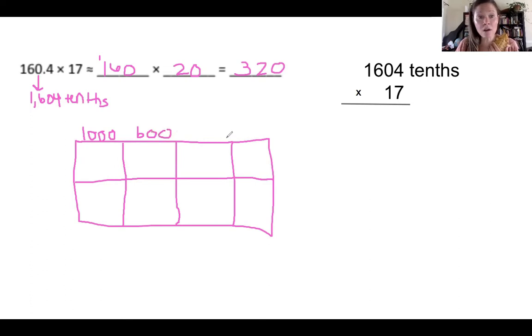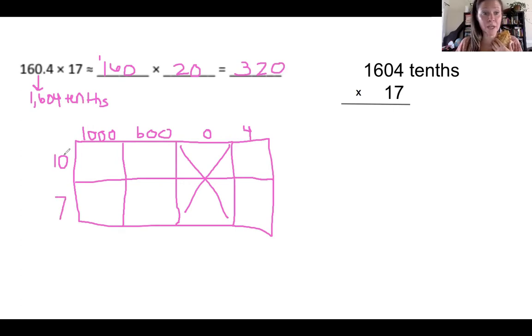Well, y'all, I realized this is going to be a 0, so we really don't need this column. I really could have just had 3 columns. And then, if we have 17, I'm going to expand that into 10 and 7.